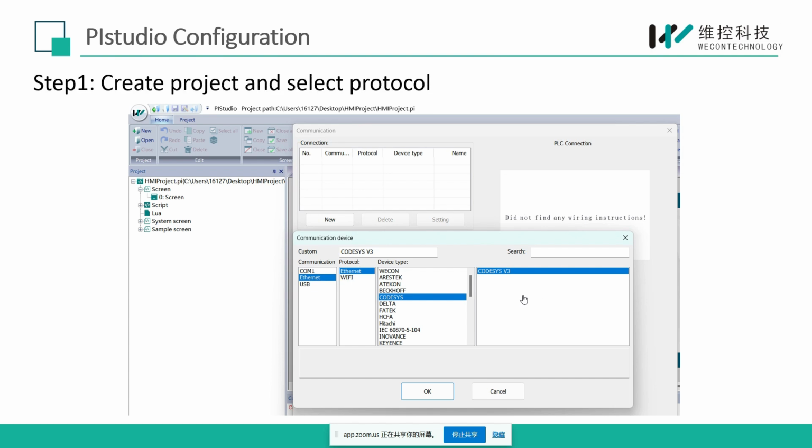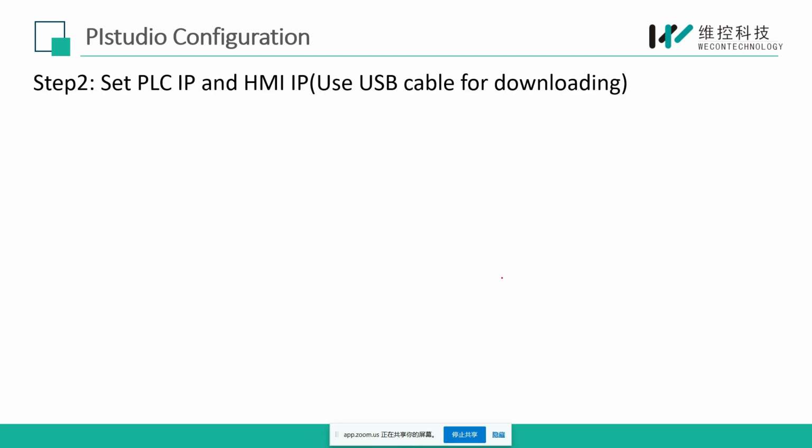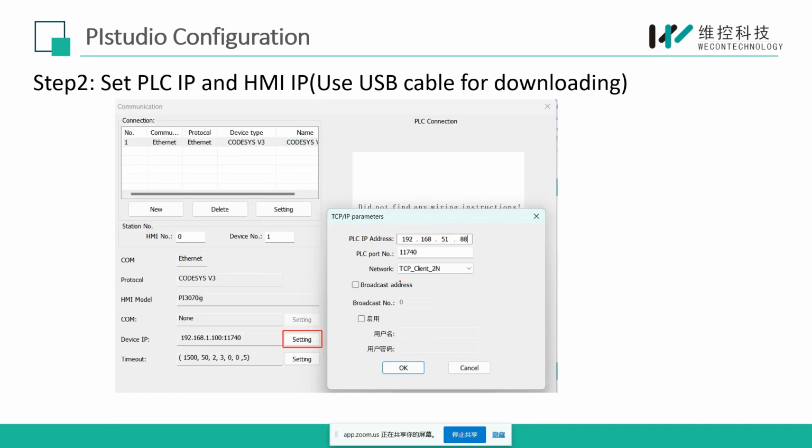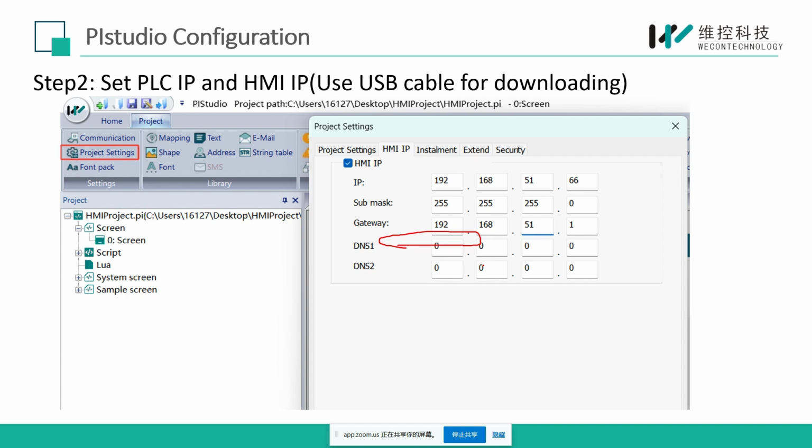Okay. Step one is to create a project and select Codesys. Select Codesys with 3 protocols. And step 2, set the PLC IP here. Or if you use a static HMI IP, you can set the HMI IP here.